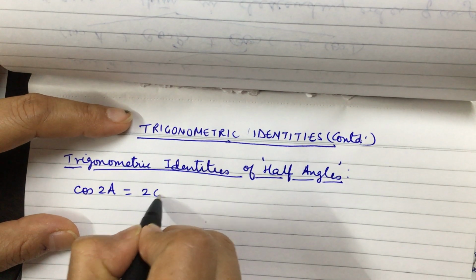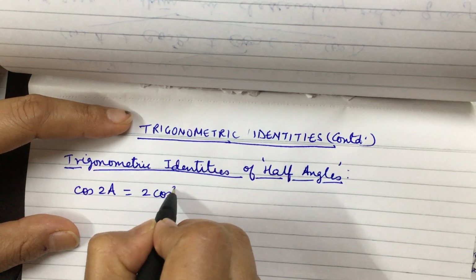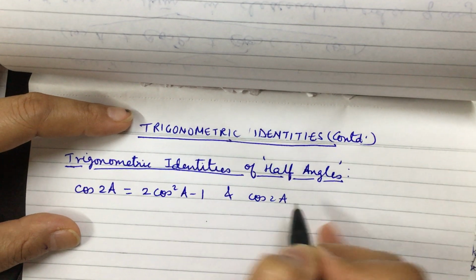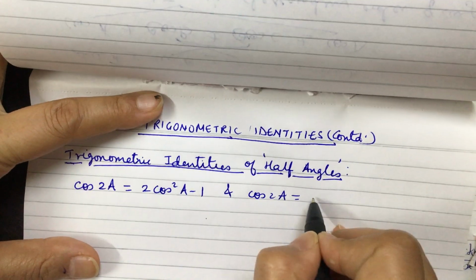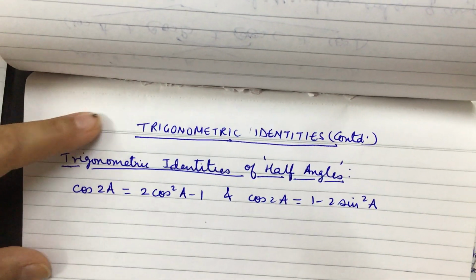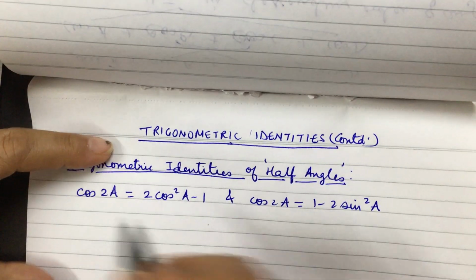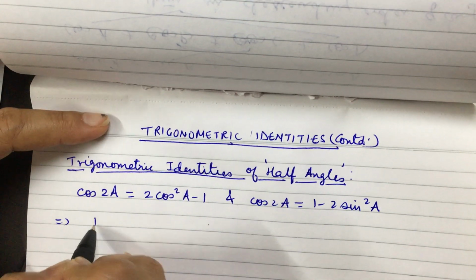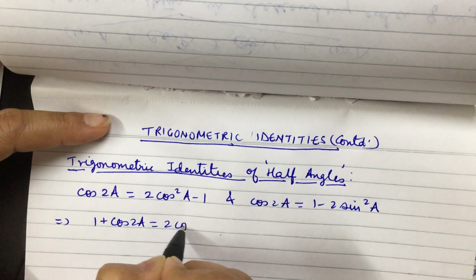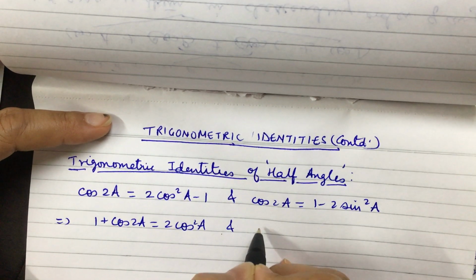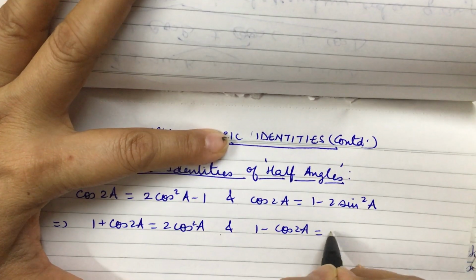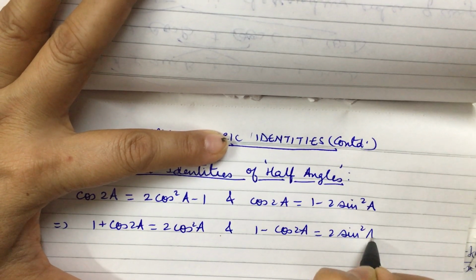One is 2 cos squared a minus 1, and cos 2a can also be written as 1 minus 2 sin squared a. Now this gives us 1 plus cos 2a equal to 2 cos squared a and 1 minus cos 2a equal to 2 sin squared a.